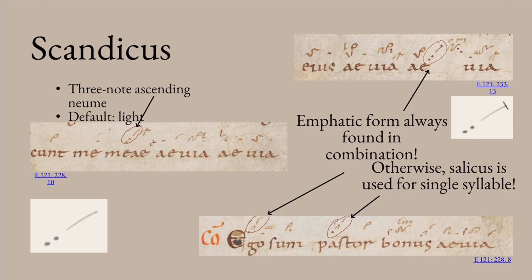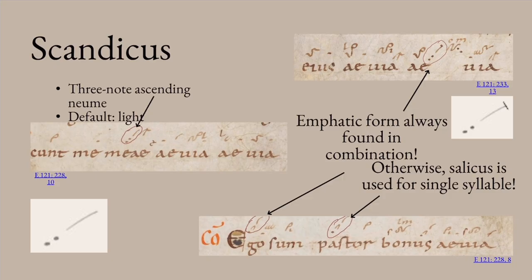But you can see on those examples on the right, the one above, we have an emphatic scandicus that is on the syllable 'alle' of alleluia, right? If you're wondering, that is the word alleluia up there. We have a complex neume there.